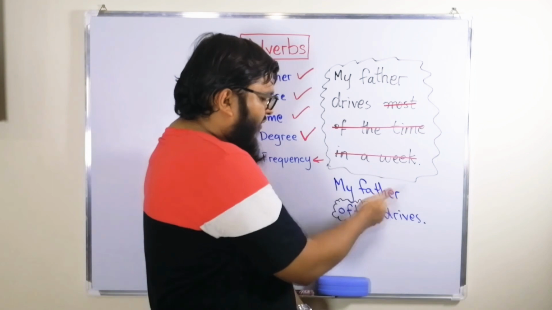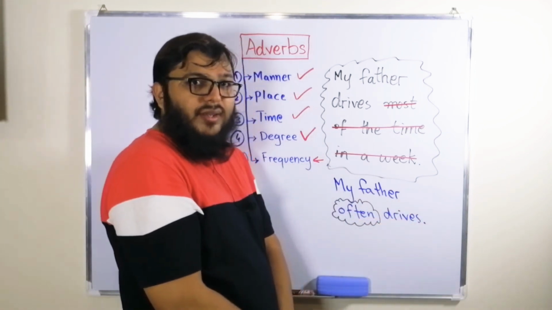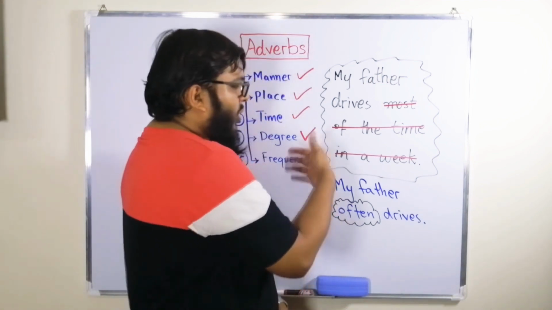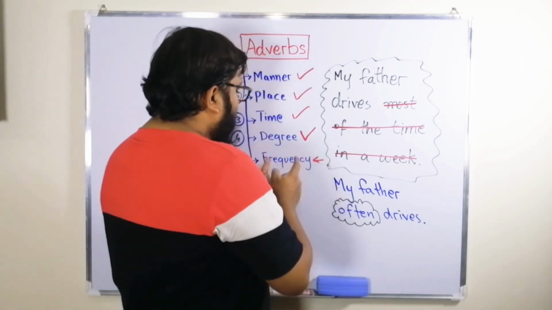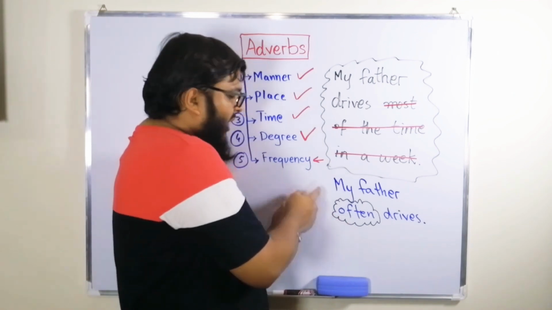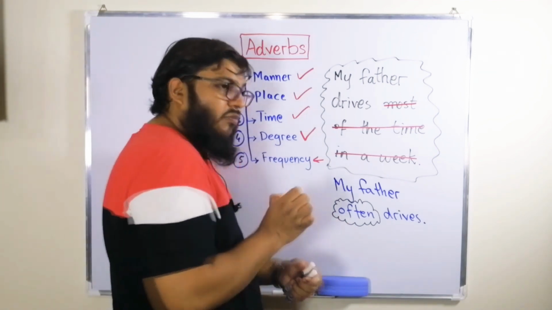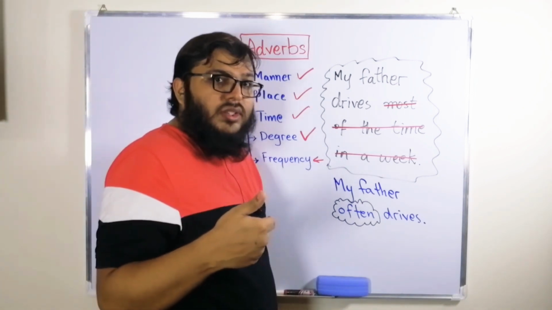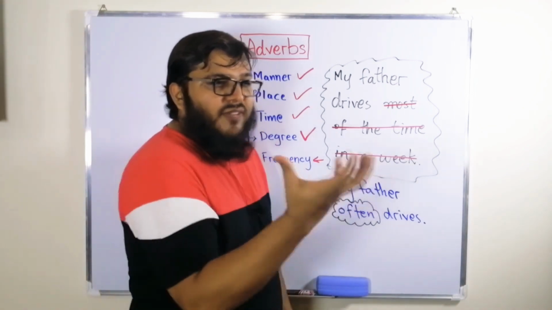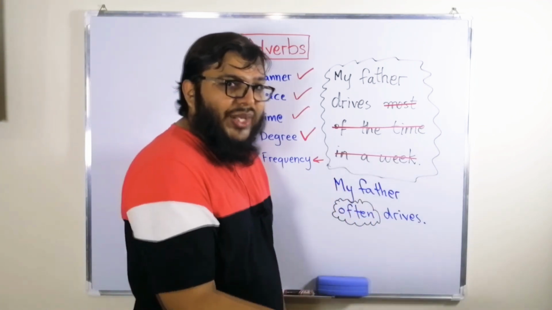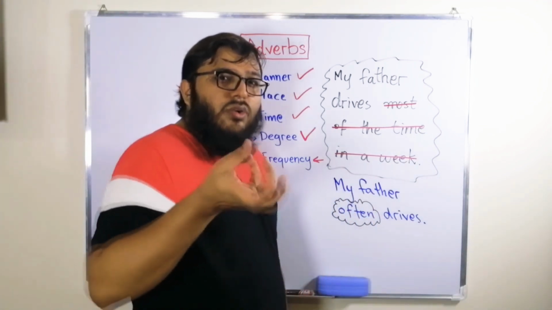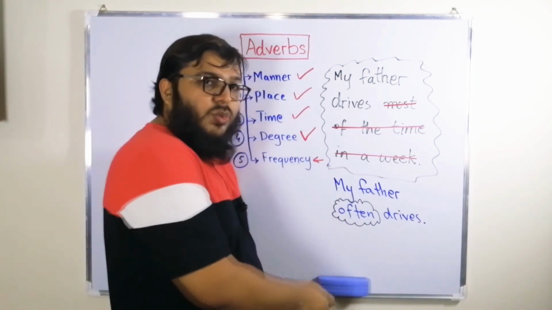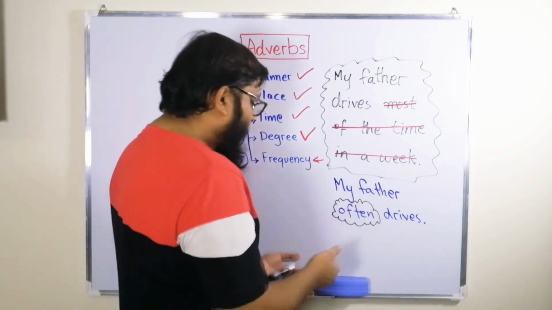You can also add here, my father often drives every week, right? Often. But remember, there are some other words which talk about frequency. We call them adverbs of frequency. Frequency means the number of times an action happens. So what is the frequency of that action in a year, in a week, in a month? To talk about the frequency of the action, you choose such words. There are more other words. I'm going to list them here.